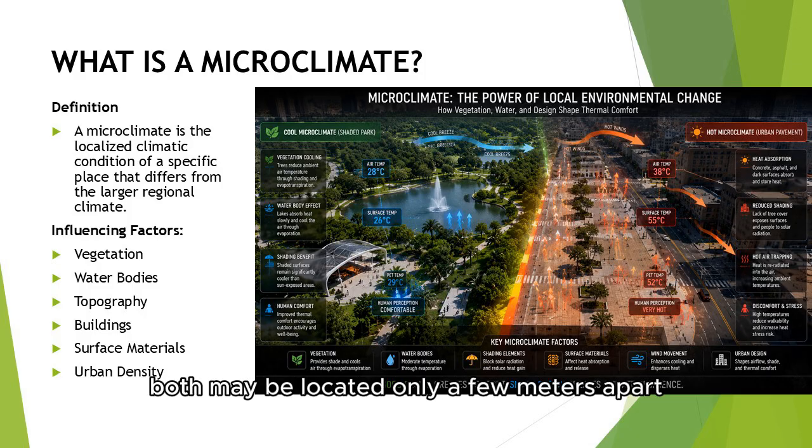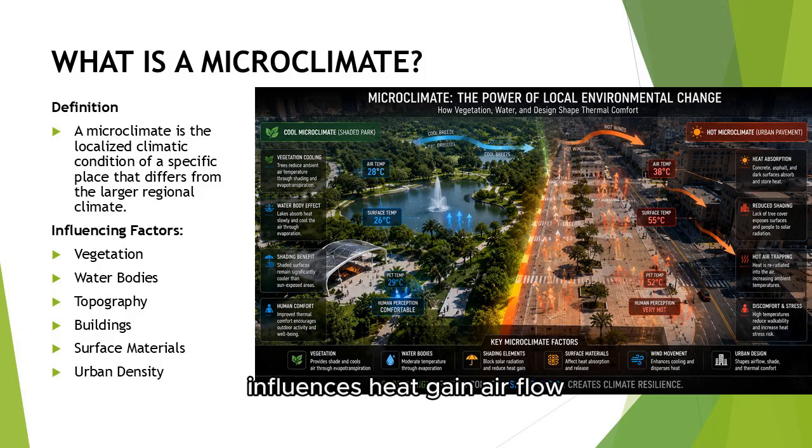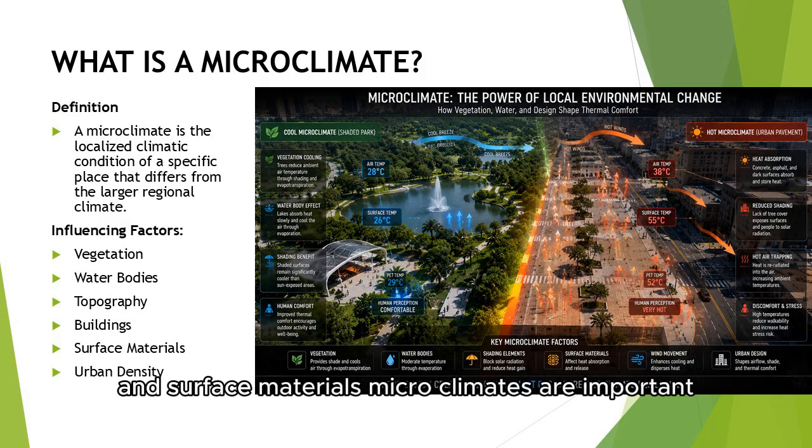Both may be located only a few meters apart, yet temperatures can differ significantly. Why? Because local environmental conditions influence heat gain, airflow, humidity, and thermal comfort. Several factors create microclimates like vegetation, water systems, buildings, topography, and surface materials.